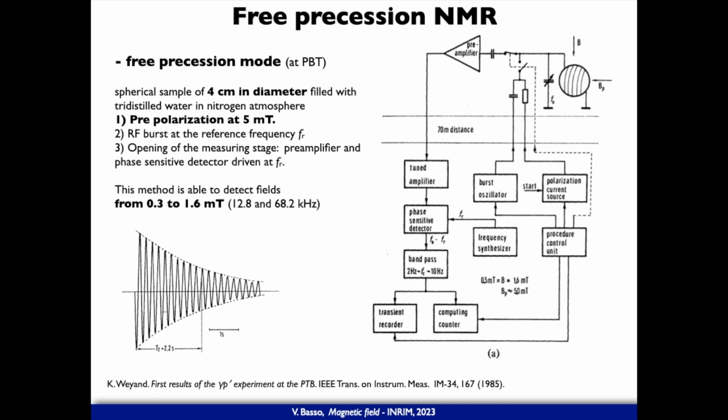You just bring the system out of equilibrium, and then you let the magnetization of the proton relax toward equilibrium, and you will see something like that: oscillations with damping. For certain materials, the damping is long enough to permit the detection of this free oscillation. It turns out to be a very precise method of measurement of the magnetic field.